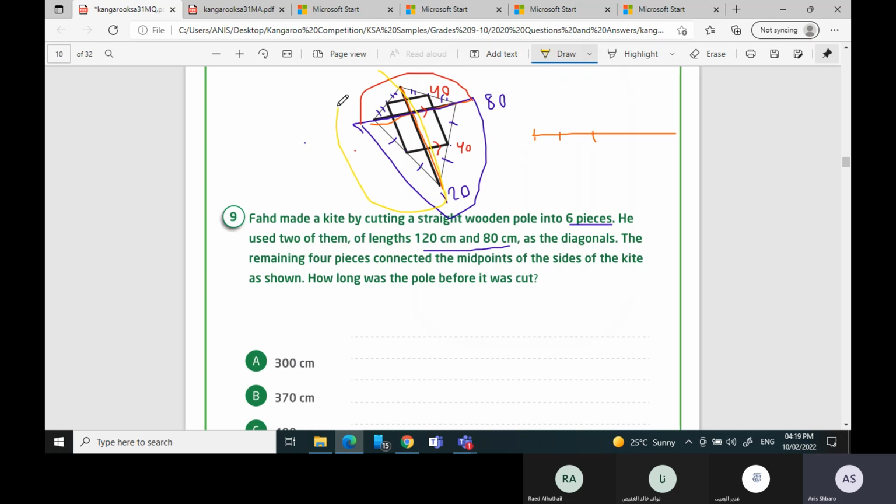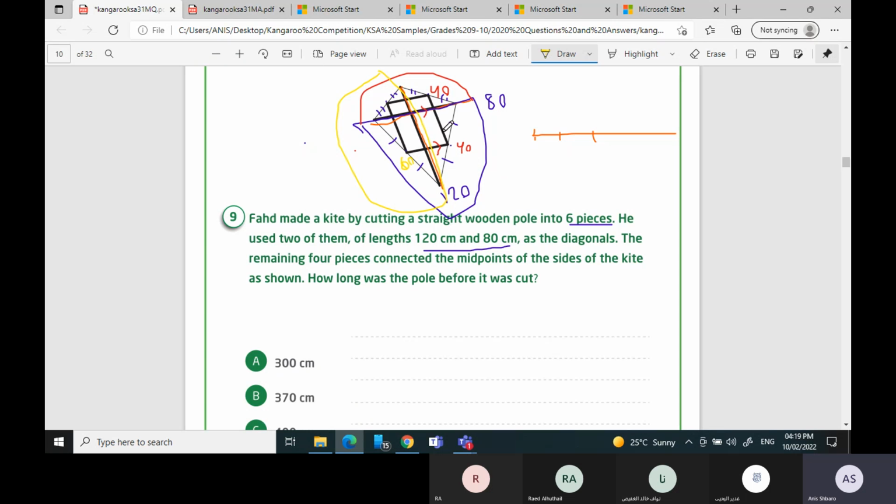I have this triangle. This side is equal to half of this side. I know it's parallel, but now we don't care about parallel lines. We are working on measurement of length only. So this side is equal to half of this side. This side is equal to 120, so this side will be equal to 60.